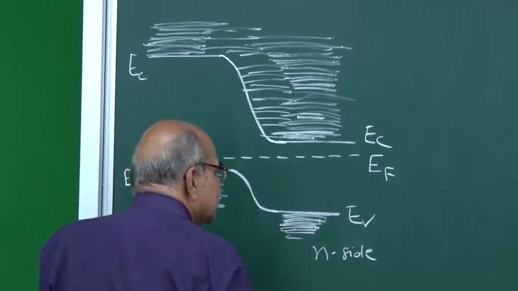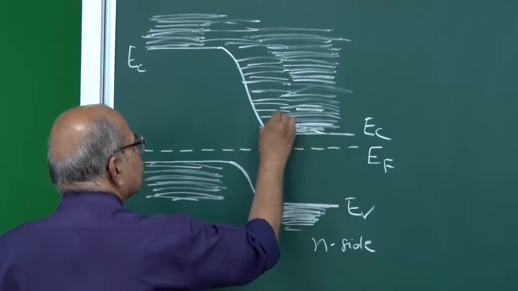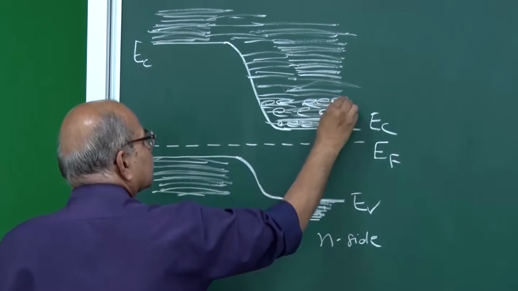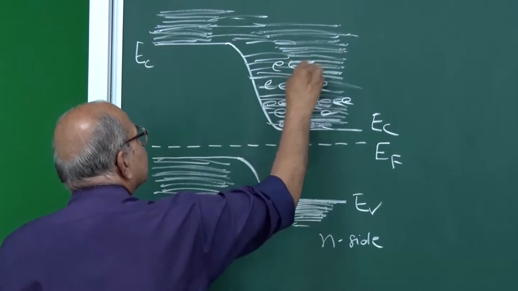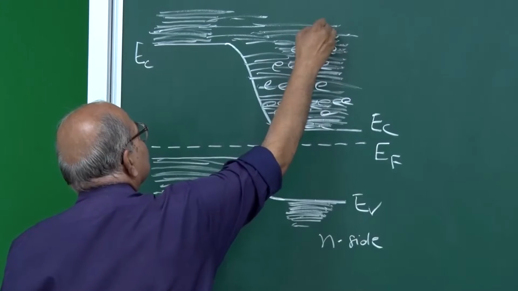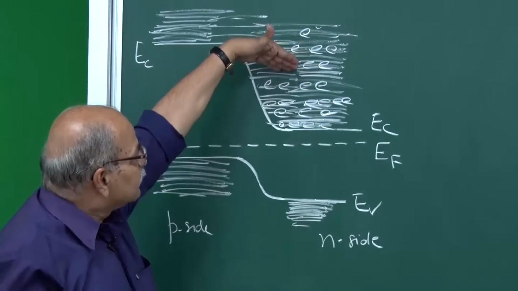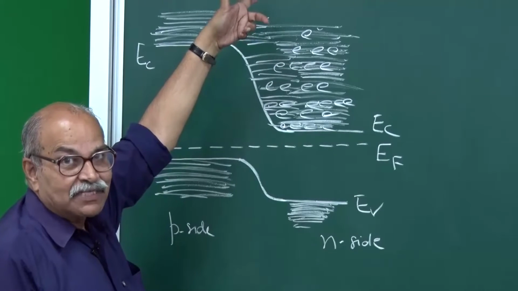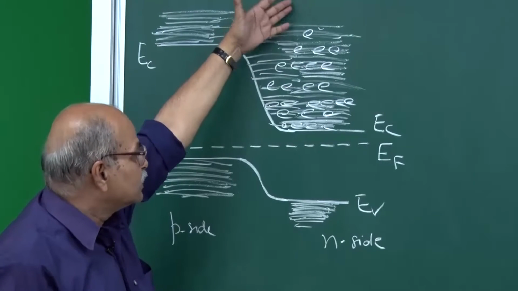We discussed all those things, and we found that on the n side you will have a large number of electrons, and as you go up in energy, the number of electrons per unit energy will decrease. Most of the time, if you are quite far from EF, this decrease is exponential. The density of states also comes into the picture to decide this distribution.